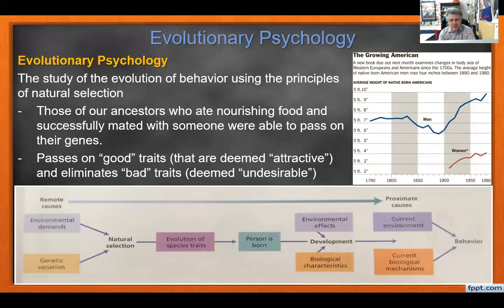So again, the idea of evolutionary psychology goes back to the ideas of Darwin, that the good traits are passed on, and the bad traits would hopefully die off. We hope that we're a kinder nation than we were 30, 40, 50 years ago. As bad as we still have systemic racism today? Yes, we do, but we don't have segregated lunch counters.